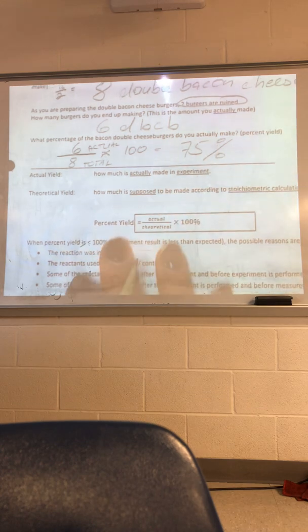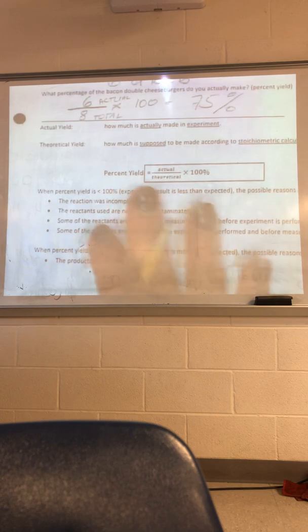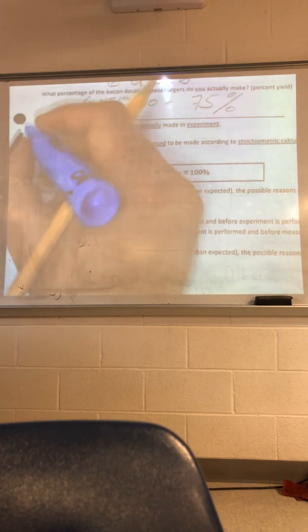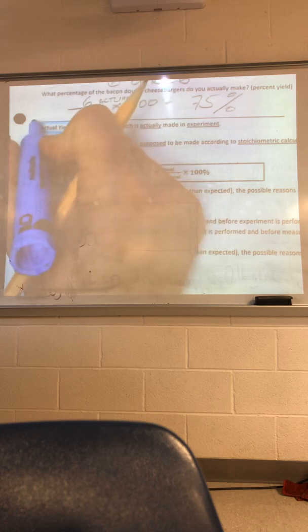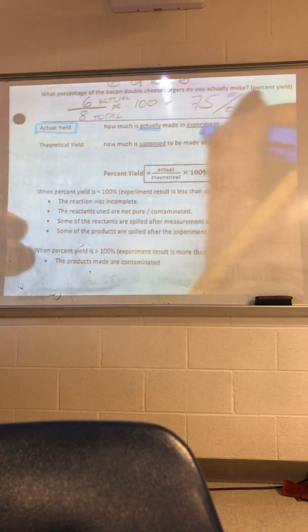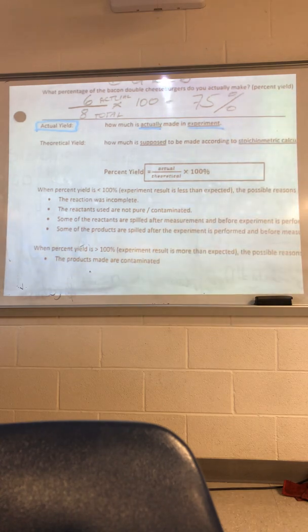Okay, very good. Okay, now next, take a highlighter, please. Your favorite color. And highlight actual yield. So actual yield is exactly what it says. It's how much is actually being made in the experiment.